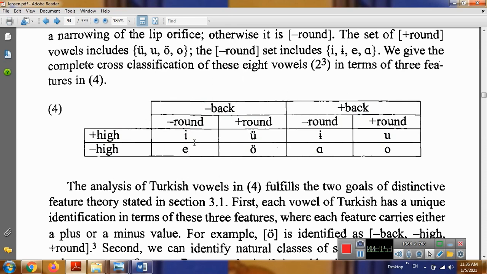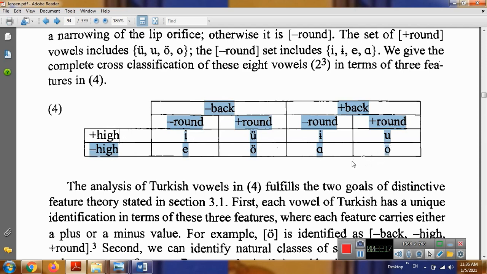You should be able to describe the vowels according to these distinctive features and predict the vowel according to these features. They are very important and you should know them.